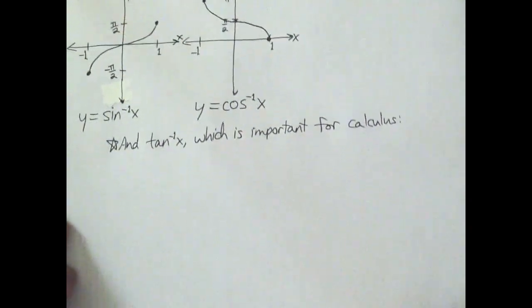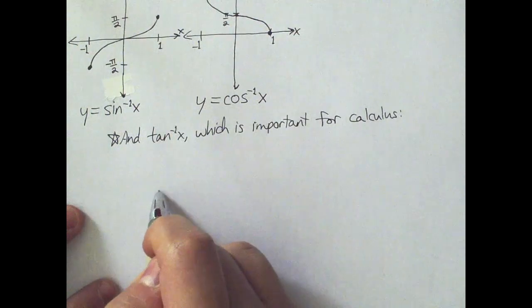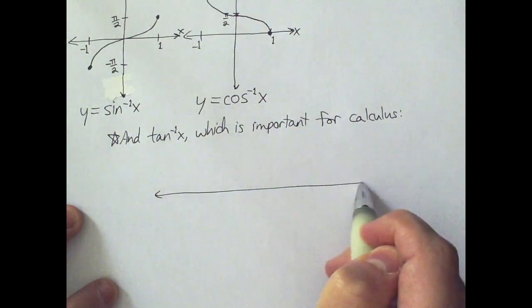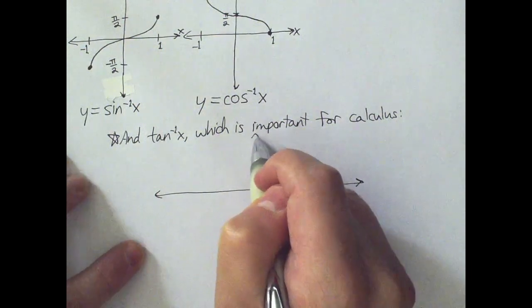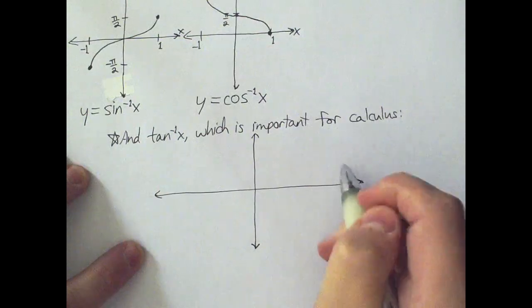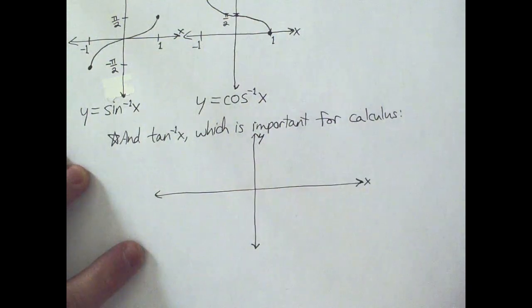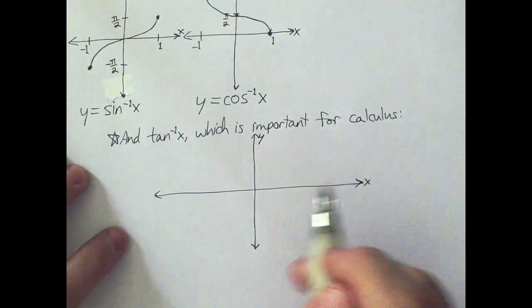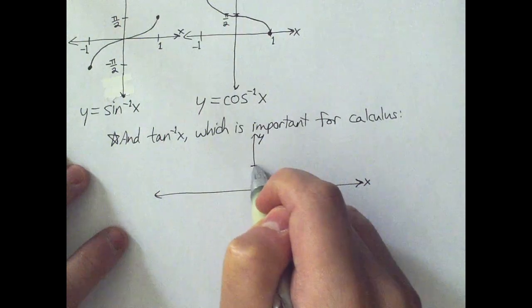I'm not telling you the full reason why. It actually takes a while to get there, but inverse tangent in general turns out to be kind of interesting and kind of important once you get to calculus 1 and calculus 2.